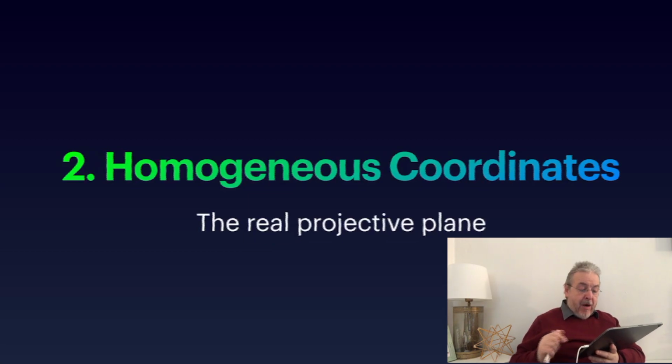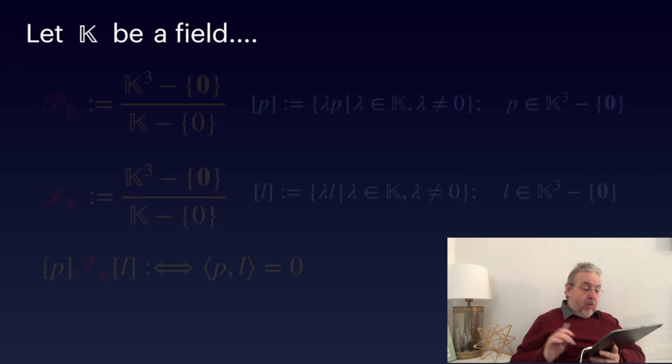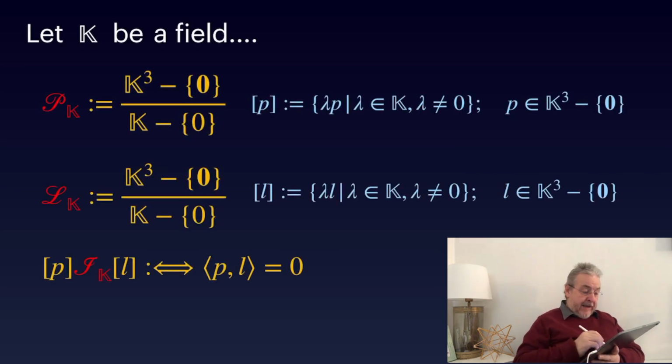And if you remember our last slot, it started with the words, let K be a field, and from there we evolved in the following way: we defined a set P, a set L, which should play the roles of points and lines, and we defined an incidence relation such that for any field K, we got a projective plane.